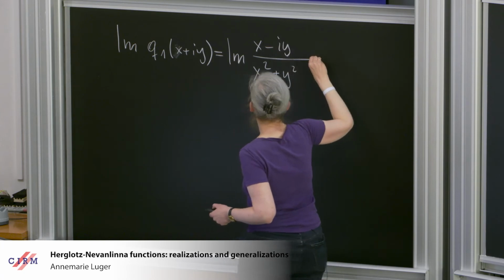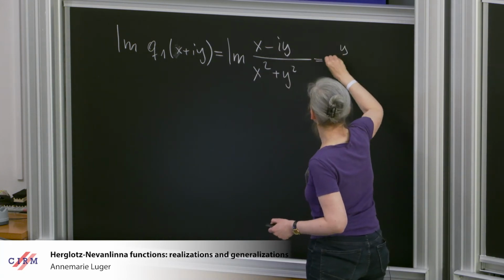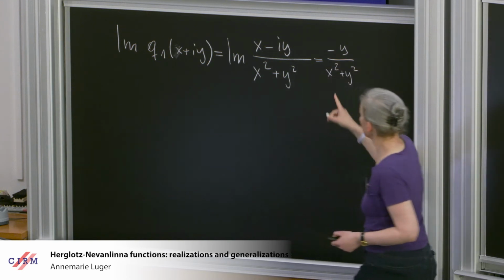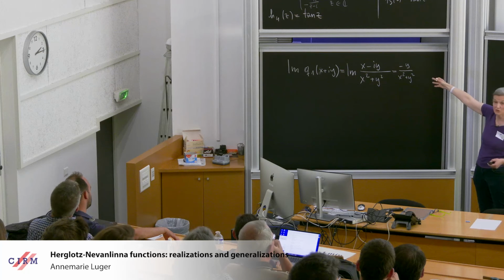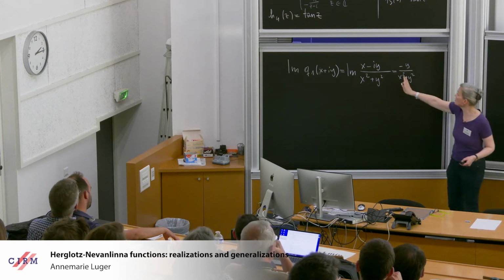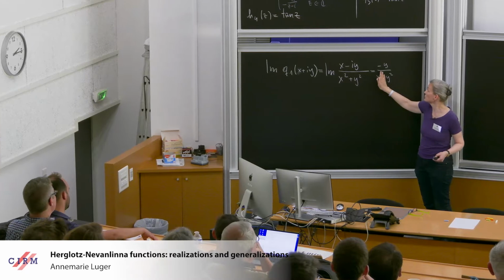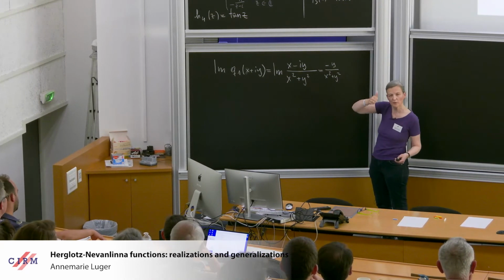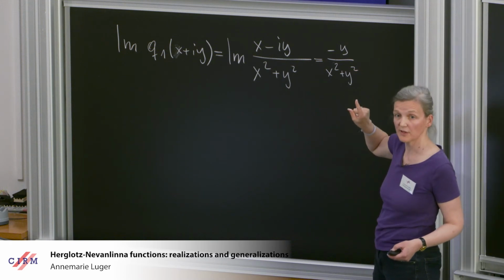So we have imaginary part minus y over x squared plus y squared. As long as x is not equal to 0, then this tends to 0, of course. But if x is equal to 0, from the upper half plane, this tends to minus infinity. Okay, so this one point where it is not satisfied makes the whole function not a Herglotz-Nevanlinna function.